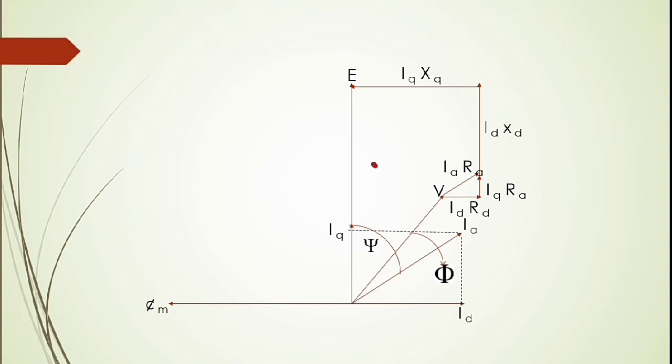And this angle, the angle between V, that means terminal voltage, and the generated emf, the angle between generated emf and terminal voltage, is called the del, the load angle. It's called the load angle.